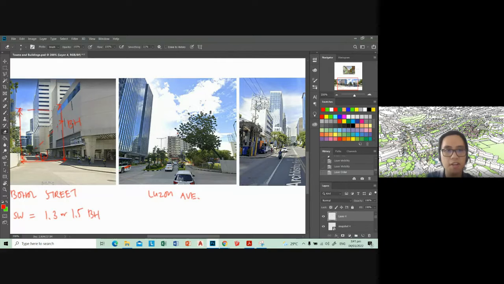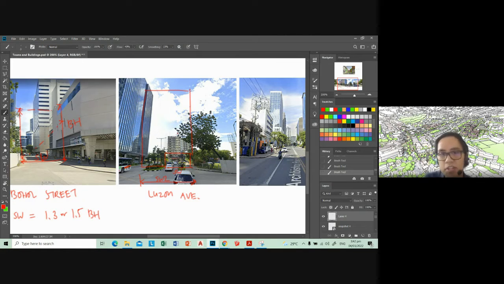So in Lausanne Avenue, this is very interesting because you could tackle the proportions in two ways. You can look at this proportion over here, or you can look at this proportion. This street width is within another bigger street width over here. So let's call this SW2.